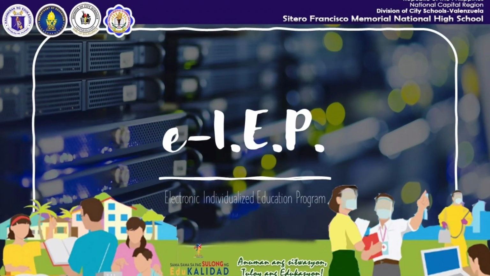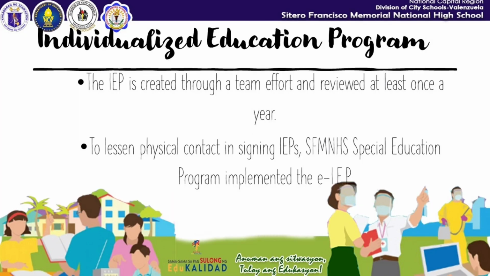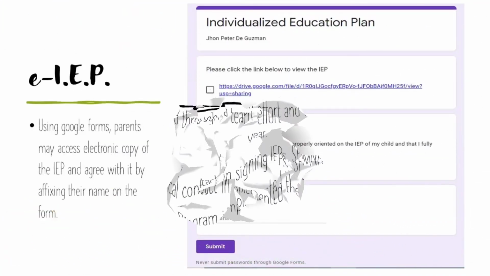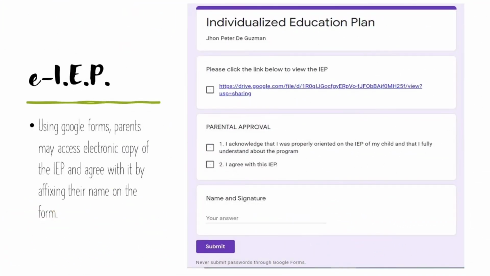One of our best practices at Citero Francisco Memorial National High School is using the electronic IEP. This was initiated to lessen physical contact in signing IEPs. Using Google Forms, parents may access electronic copy of the IEP and agree with it by affixing their name on the forms.